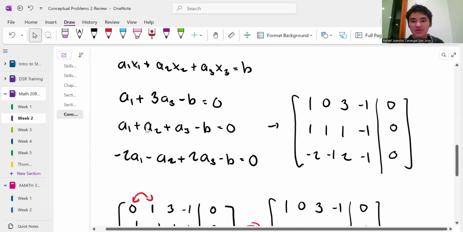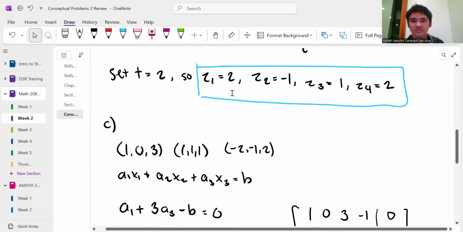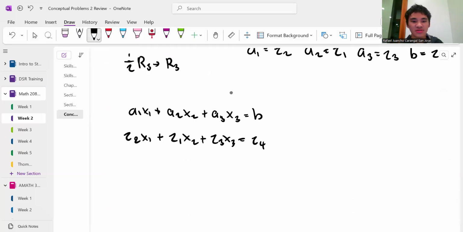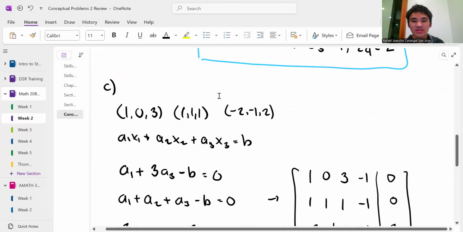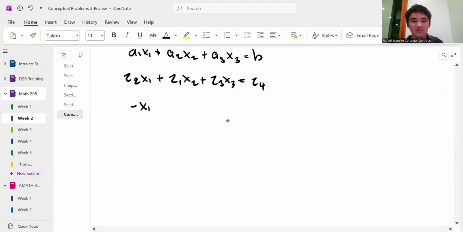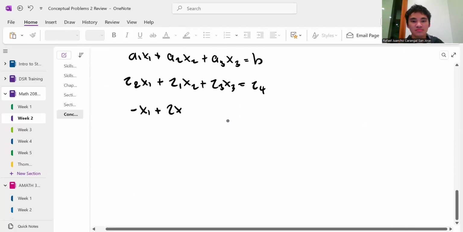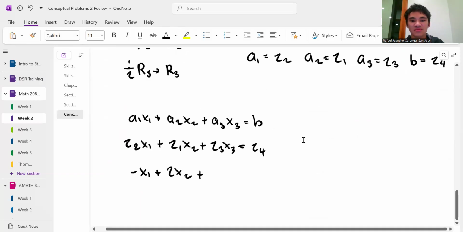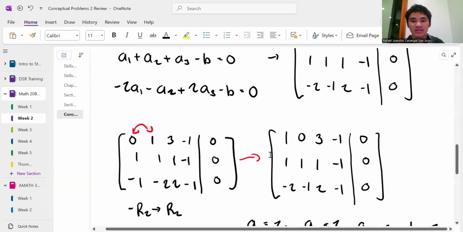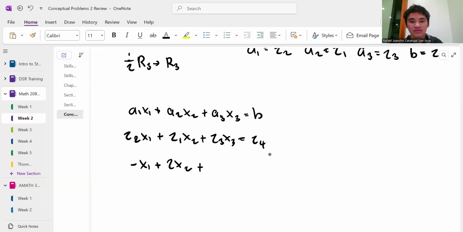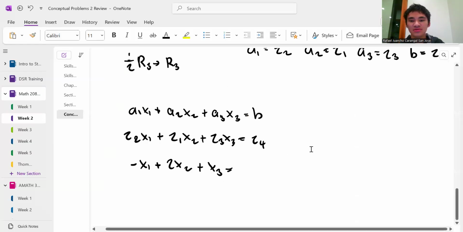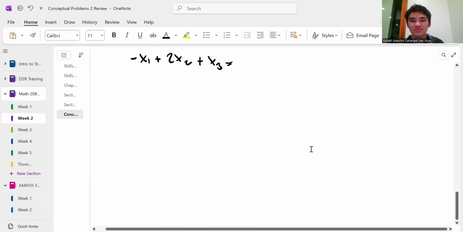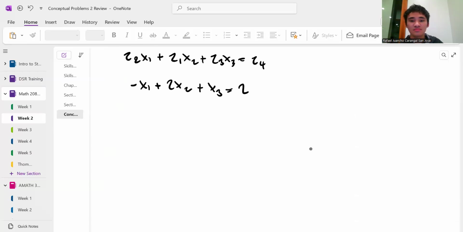Well, z sub 2 is what? Well, we just plug it in. Negative 1. That's going to be negative x sub 1. Z sub 1 is 2 plus 2. Z sub 3 is 1 plus x sub 3 is equal to z sub 4, which is 2. Right? That's our plane equation.